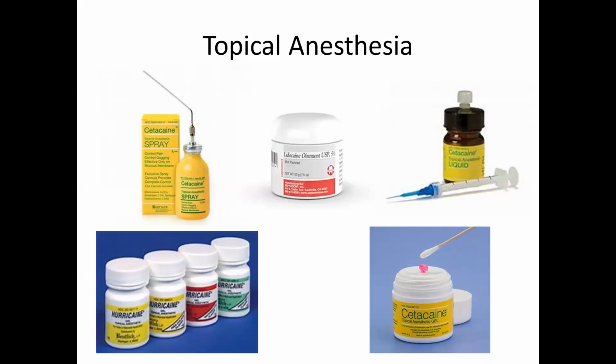The onset's about 30 seconds to 2 minutes. The duration is about 5 to 15 minutes. It's not readily absorbed into the circulation, so the toxicity level is minimal, but we again want to be careful of the amount that we're giving to the patient.